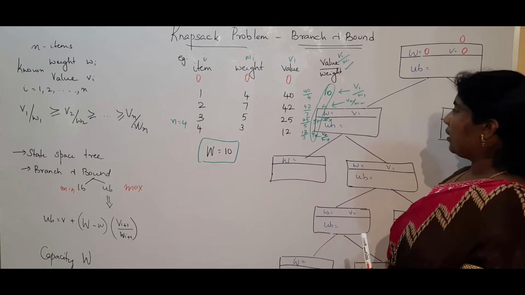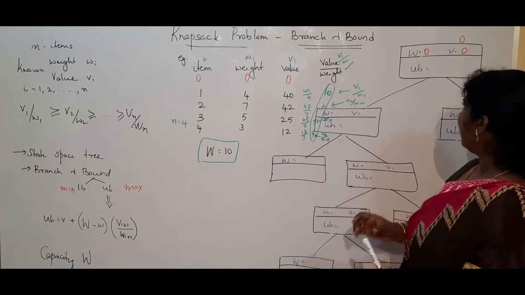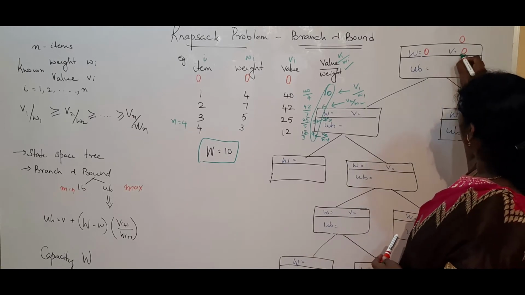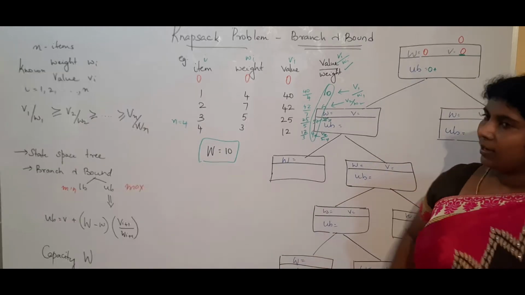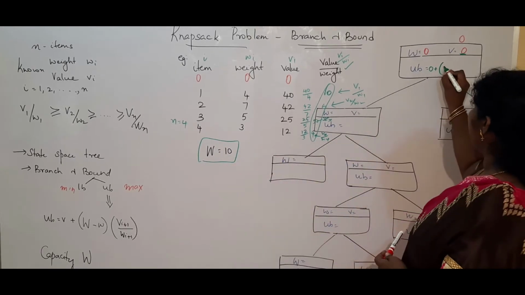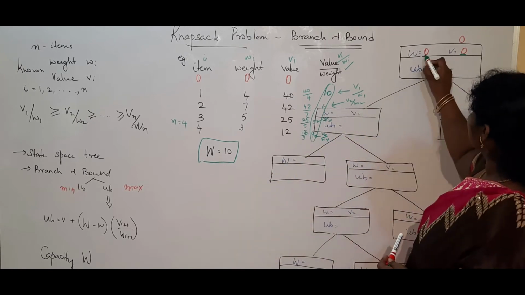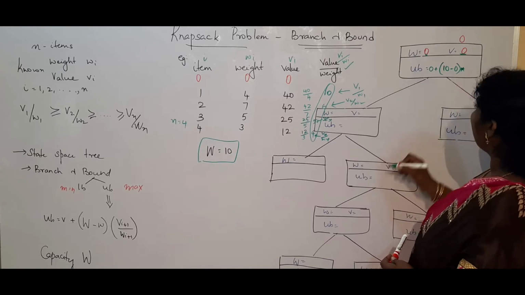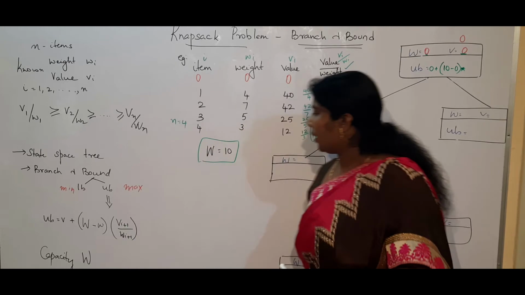Now the upper bound has to be calculated. So what is the formula for calculating the upper bound? Upper bound is the value, this value, plus W, which is 10, minus small w, that is this value, and this is going to be multiplied by V(i+1) by W(i+1).